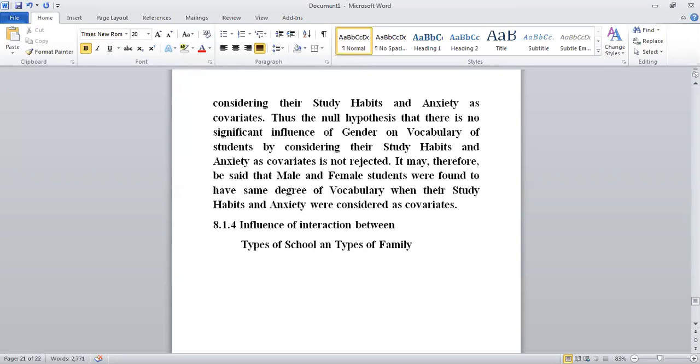Influence of interaction between types of school and types of family on vocabulary of students by considering their study habits and anxiety as covariates.